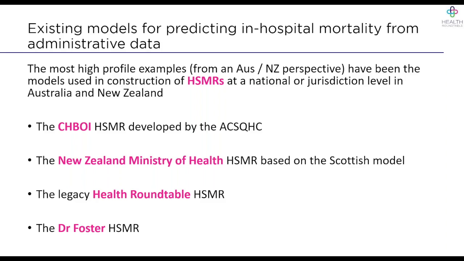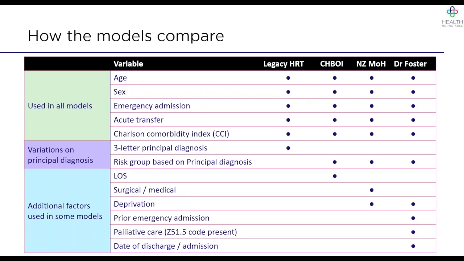And there's the Dr. Foster HSMR, which should be more familiar to many of the international attendees today. So Dr. Foster also provided HSMRs to the Victorian government in Australia, and I think will be most familiar to our international audience because of their extensive use in the UK.